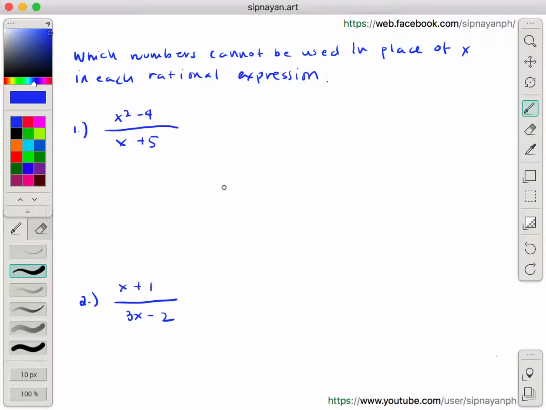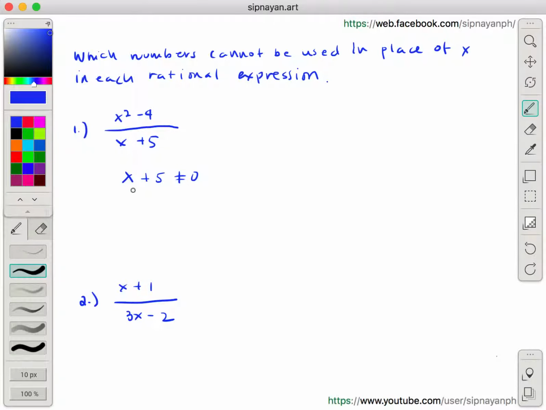If you watched our previous videos, we said that a rational expression is a ratio of polynomials. And of course, its denominator cannot be equal to 0 because if it becomes 0, it will be undefined. This means that in the expressions you see here, the denominator cannot be equal to 0. Meaning, in the first example, x plus 5 must not equal 0. The use of the not equal sign is almost the same as the use of the equal sign.